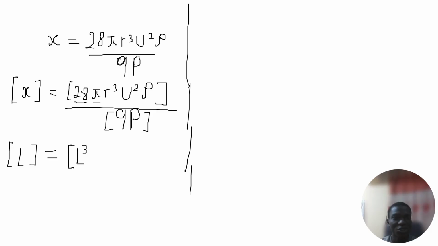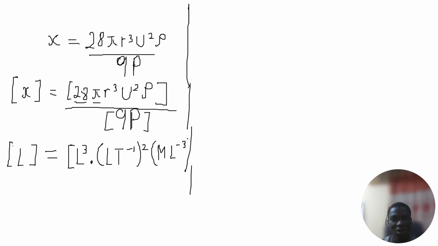Now u stands for velocity, and the unit of velocity is meters per second, so the dimension is L T to the power minus 1, but there is a square there, so we have it squared. The unit of density is mass over volume, that's kilogram per meter cubed, so the dimension will be capital M, and L raised to power minus 3.